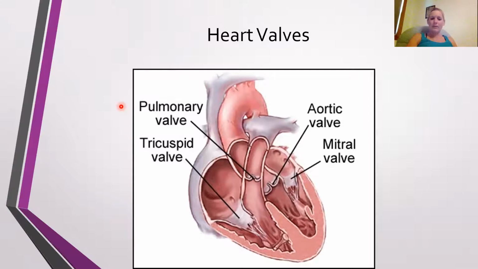Okay, more about the heart valves. So again, here you can see that the aortic valve, which is semilunar in nature, looks like 2 little moons, and the pulmonary valve, which is also semilunar in nature. Again, tricuspid, we said, was on the right side, and the mitral or bicuspid valve is located on the left side.